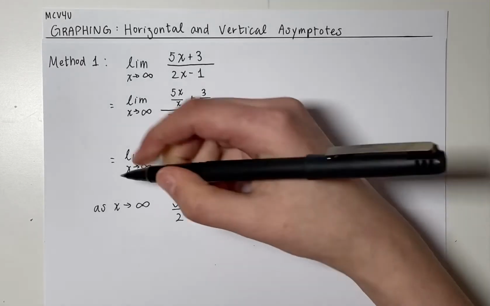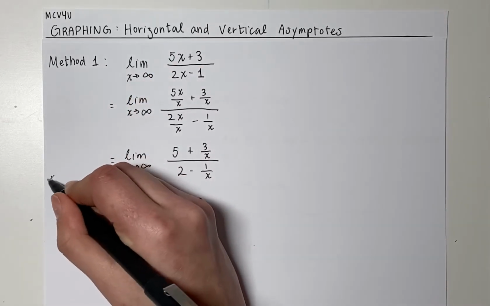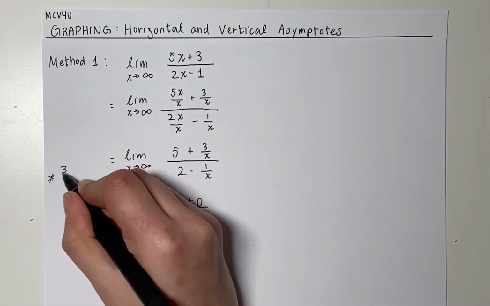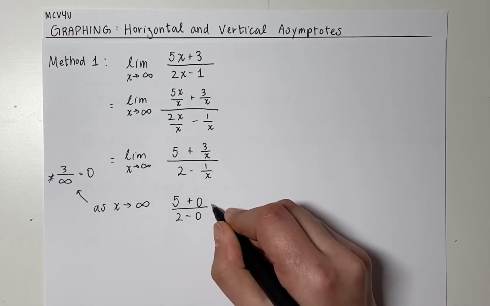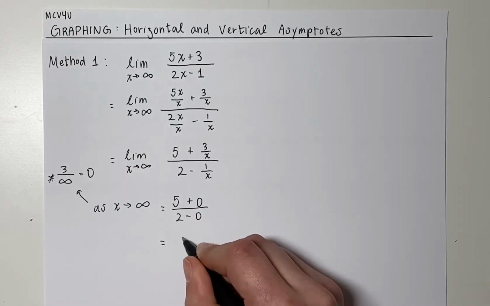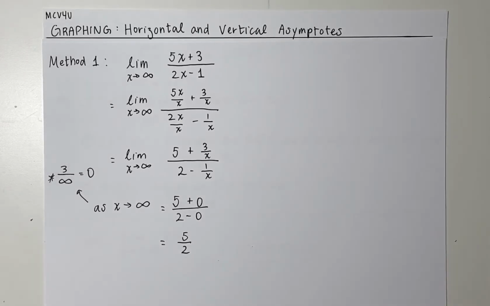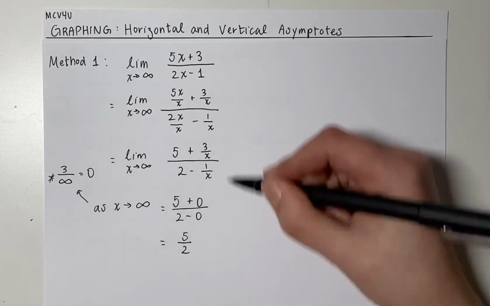One thing we can recall is that, say we have 3 over infinity, that gives us 0. So our answer is 5 over 2. That is our first method.